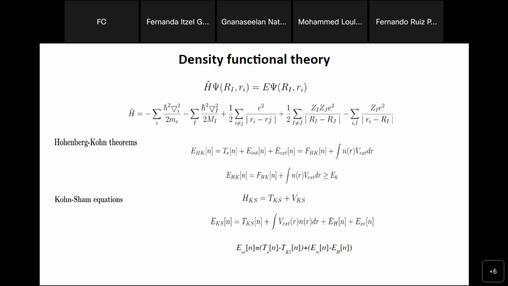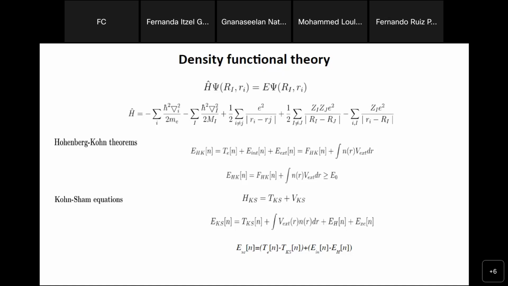In order to solve the Schrödinger equation, Kohn and Sham suggested that the total energy of a system of interacting particles in an external potential is equivalent to the energy of a system of non-interacting particles with an effective potential.